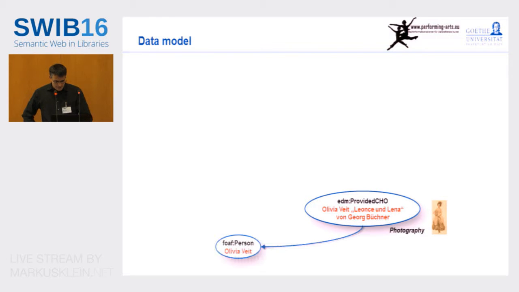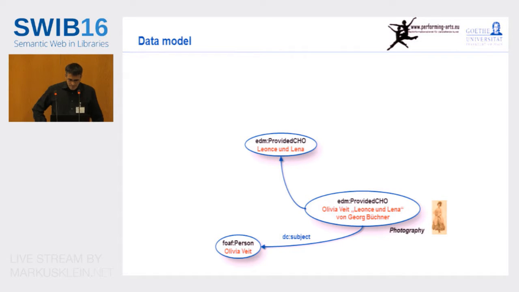And yes, we have a lot of properties. I don't show them here. I just show the links between the resources, to get a better view on everything. And this is the subject, the person in the picture. And we have another provided CHO.